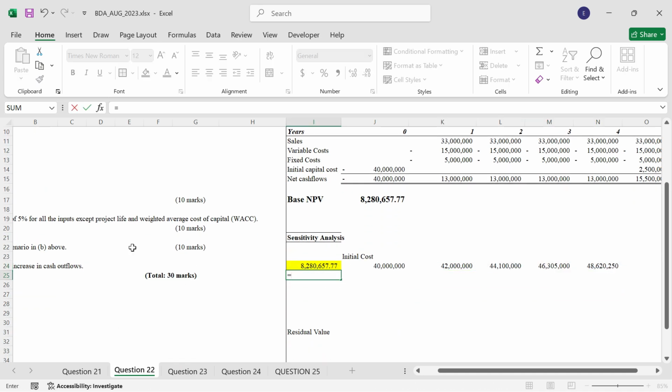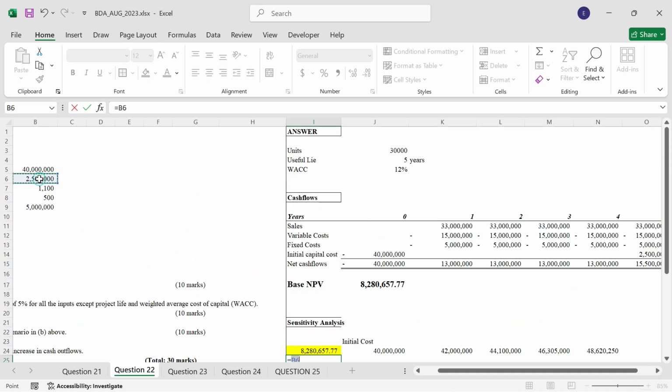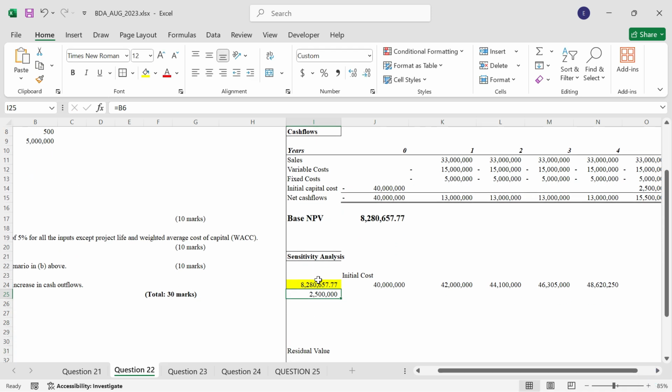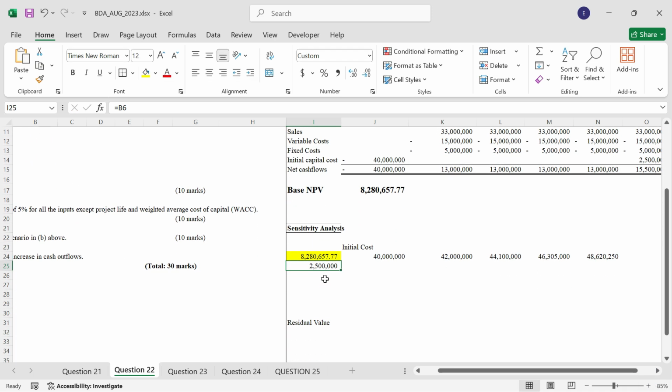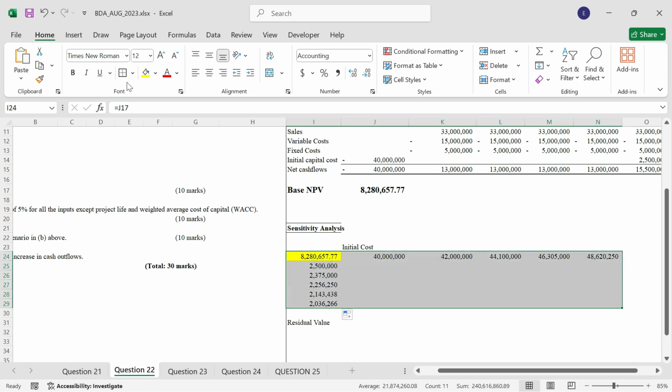Then my residual value was 2.5. To be adverse will mean to be less and less. So this will mean a reduction, multiplied by 1 minus 5%. We can then format our work.